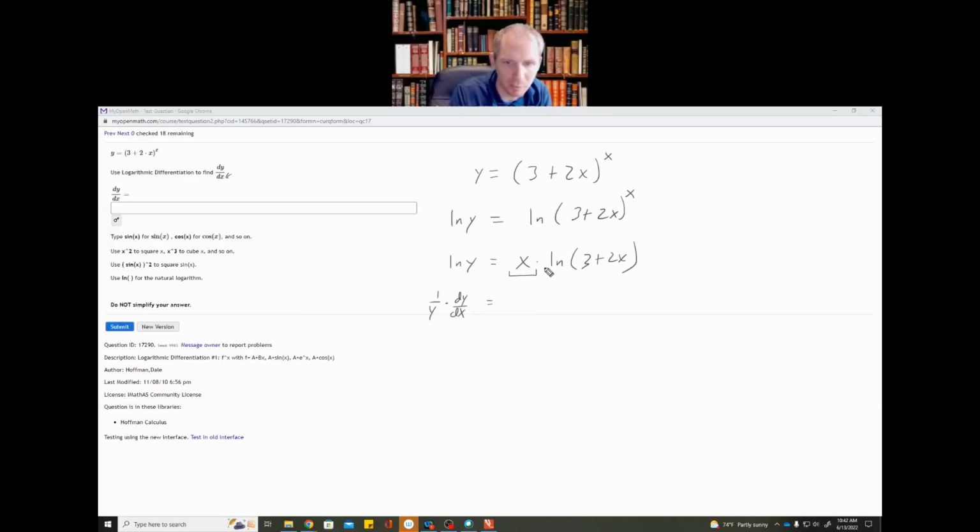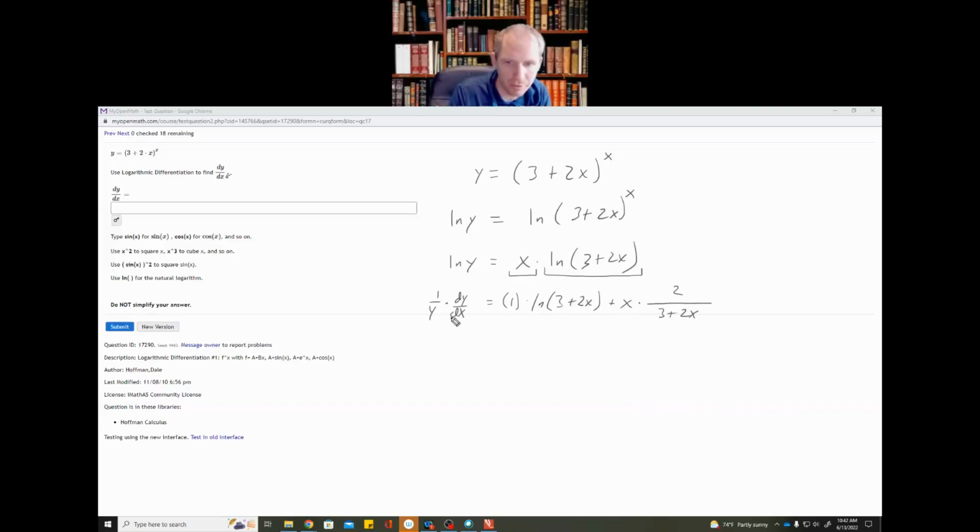On the right-hand side, I have a product. So I'm going to use the product rule. The derivative of x is 1 times the second piece left alone, plus the x left alone times the derivative of the second piece. When I differentiate this, I get 1 over the inside function times the derivative of the inside function. The derivative of 3 plus 2x is just 2.